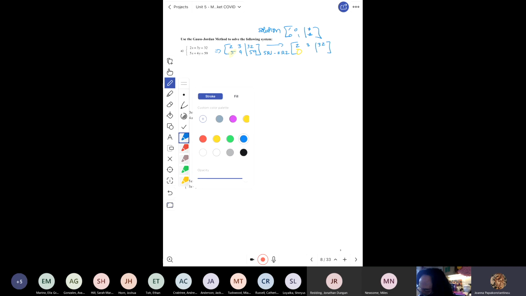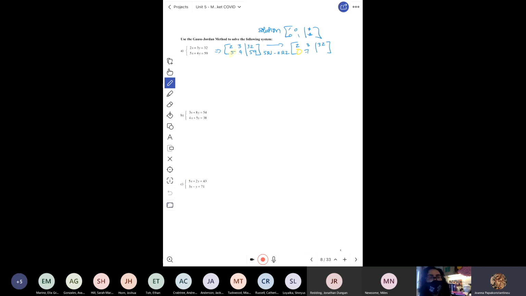7, 42. Now, at this point, I could keep trying to get to the solution matrix, or I could simplify each row by dividing it by something.